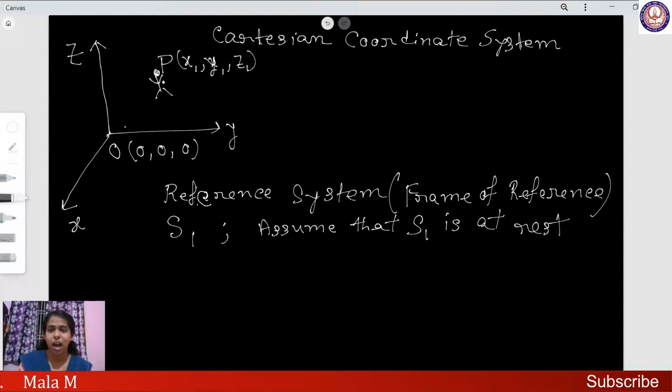So how will we define the position vector of this person? We will connect the origin and this point P with a vector sign.